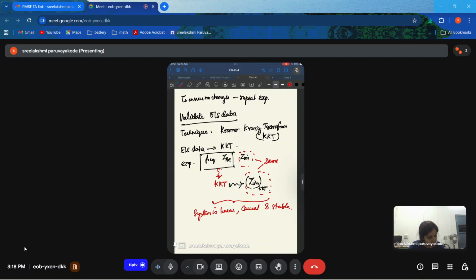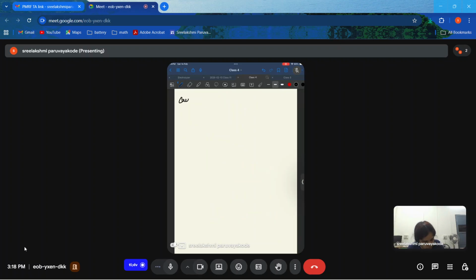So now the next thing to understand is what is causal, because causal is not a term introduced before. Causal means you're applying a small perturbation and the system shows a response.